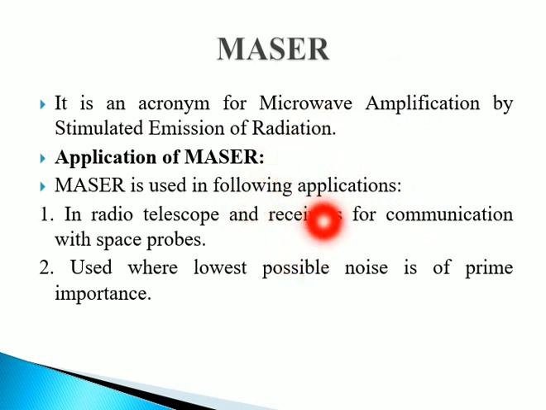Because of this, the emitted radiation will have greater energy, which will result in the desired frequency. Thus your amplification will be done at microwave frequency. Because of that we call it microwave amplification by stimulated emission of radiation.